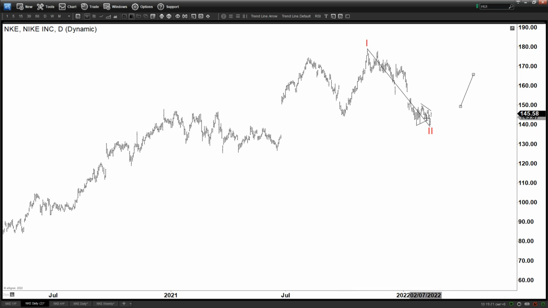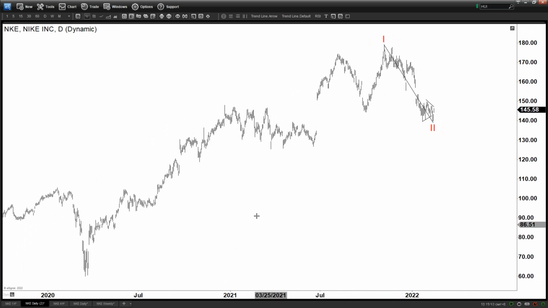When a cycle is complete, the minimum expectation is a 3 waves reaction to correct that cycle. So far, we have not gotten any 3 waves reaction from the low just yet. If this is truly complete, and we are not going to be doing another double correction, then yes, this could be the beginning of the next leg up to the upside.